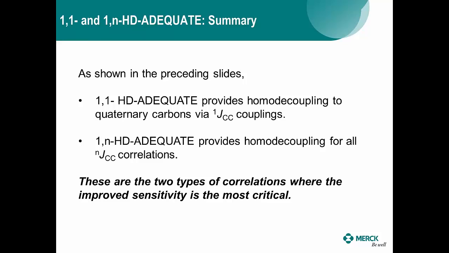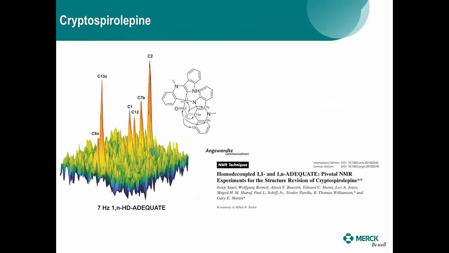So if we think about it, these are actually the two types of correlations that we care the most, because those imply carbons that don't have protons, like in the 1,1 HD-ADEQUATE, we are talking about quaternary carbons, and the 1,n HD-ADEQUATE, which is the most insensitive experiment. So having said that about the ADEQUATE, I want to start showing some examples.